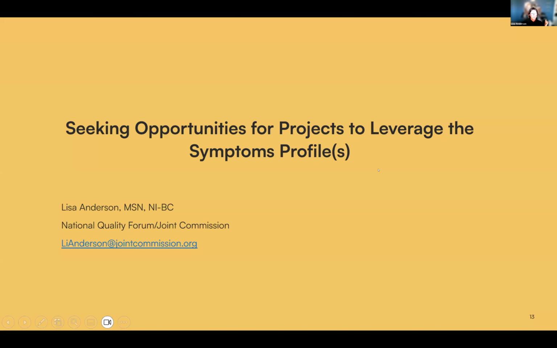My purpose for coming to CodeX, and we're also socializing this with quite a few other folks, is that we are seeking opportunities for other projects to leverage the work that the symptoms profile has done. We built what we think is a great thing, and we could see a few different ways where it could be reused. I know I mentioned public health wants to reuse it with respect to case reporting and syndromic surveillance.